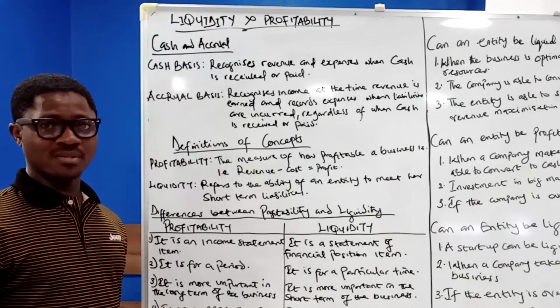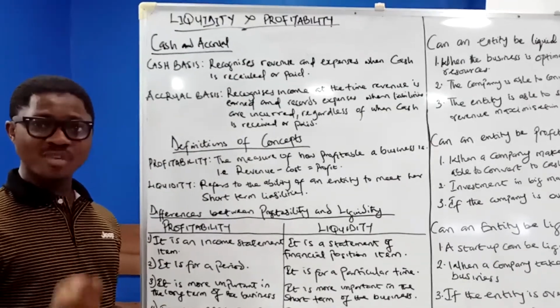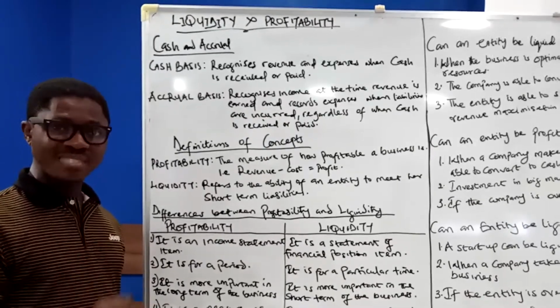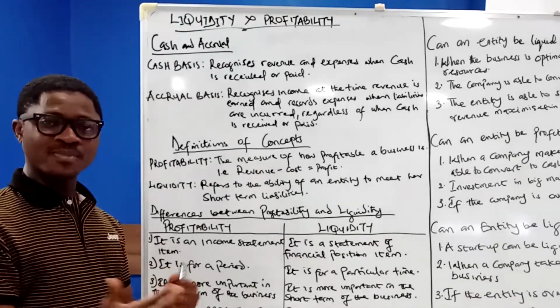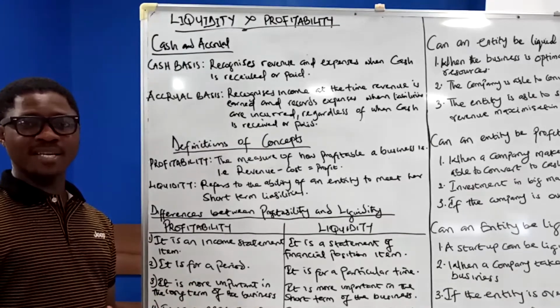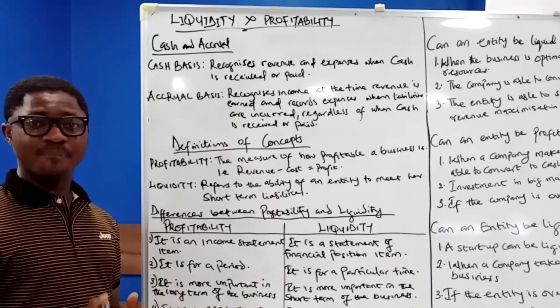What does this mean? This means that when a transaction happens, cash basis only recognizes the transaction when cash is received and when cash is paid for it. Say for example, Omolara bought 3 bags of rice from Graceman Foods for 20,000 naira and paid cash.